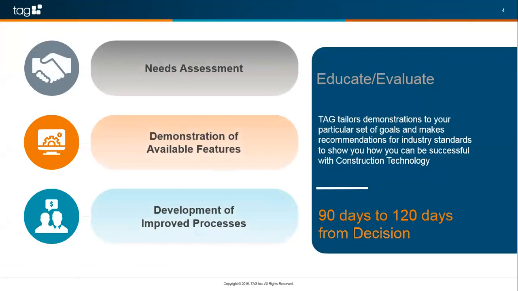So I'll talk a little bit about the way that we help evaluate whether or not 100 Contractor or 300 Construction Real Estate is best suited for you. What we like to start out with is a needs assessment. So we like to talk to management and also people in the field. What are the needs that are not being met with the current system?